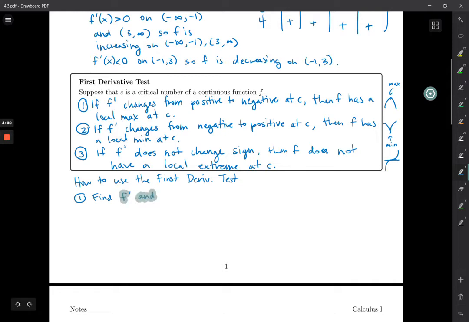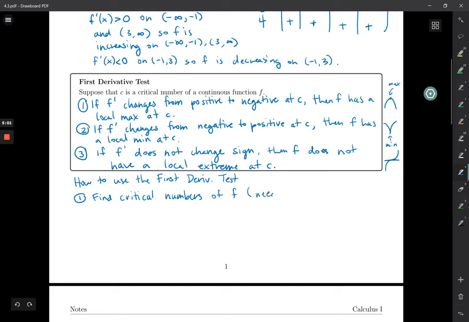So you will need to find the critical numbers of f.